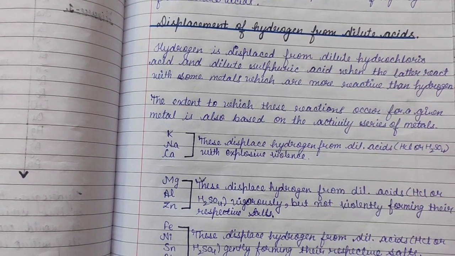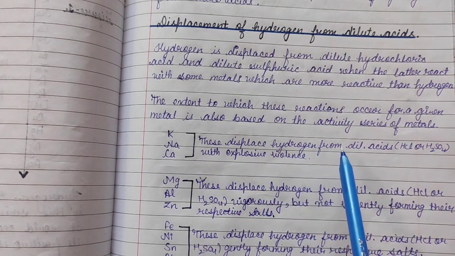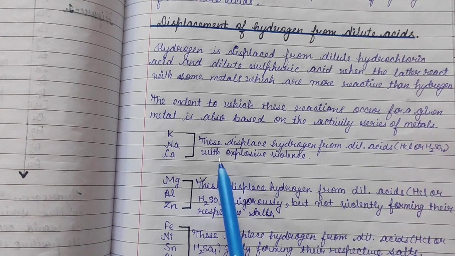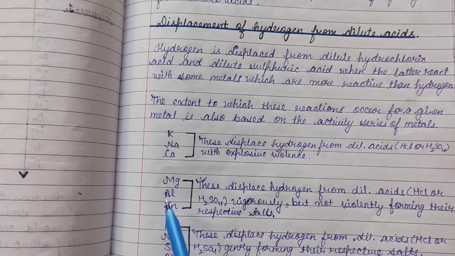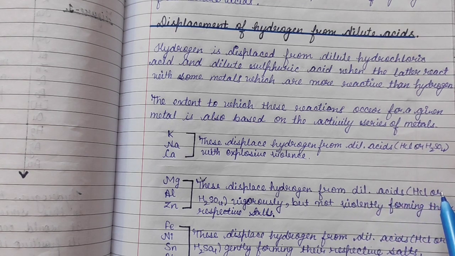Here you may observe that potassium, sodium, calcium displace hydrogen from dilute acids, which is HCl or H2SO4, with explosive violence. Magnesium, aluminium, zinc displace hydrogen from dilute acids, HCl or H2SO4, vigorously but not violently, forming their respective salts.